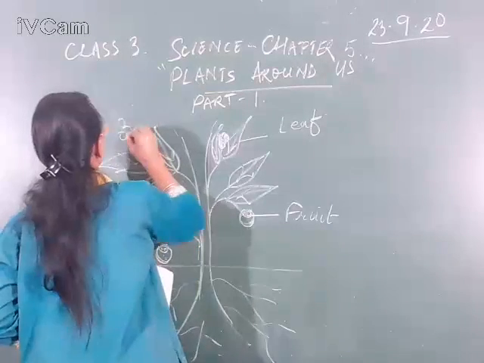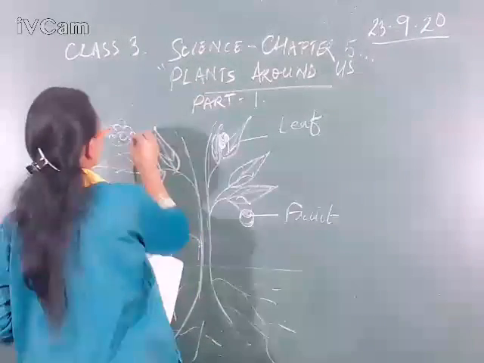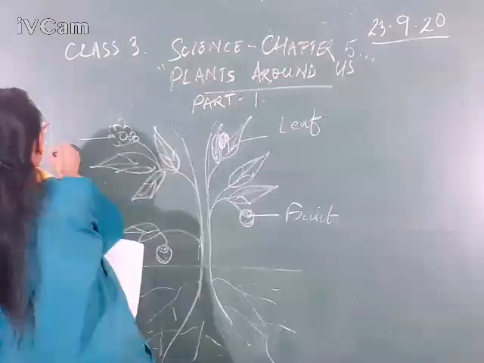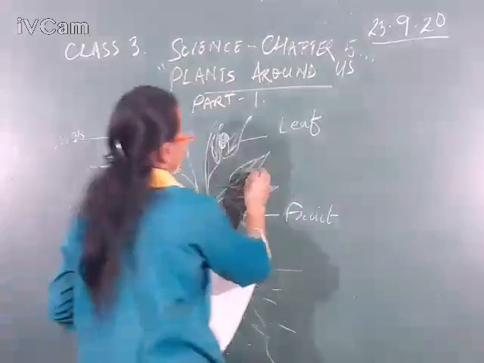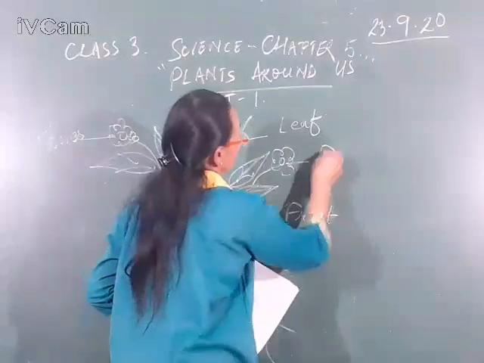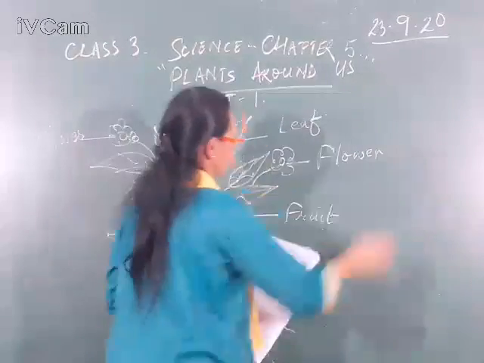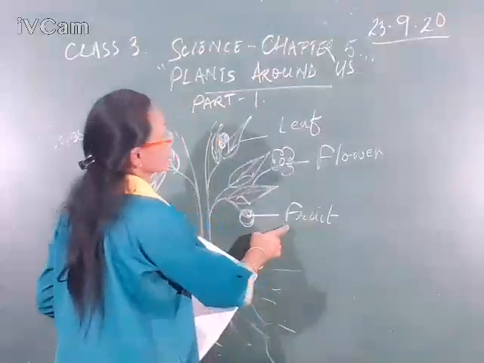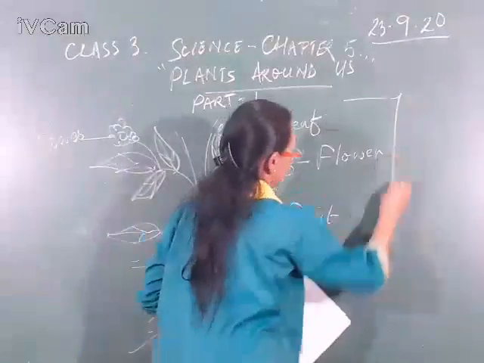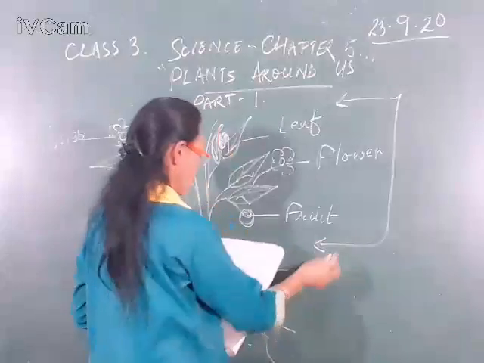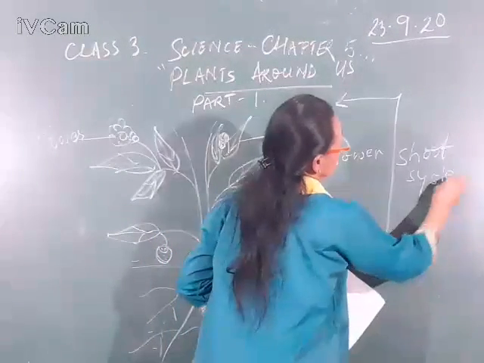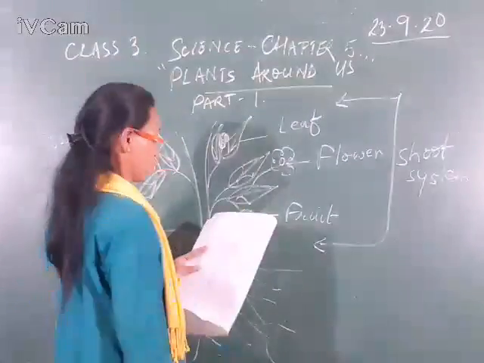I'll make a flower here. Okay, so the fruit, leaf, and flower, right? So this is called what? This is called the shoot system.